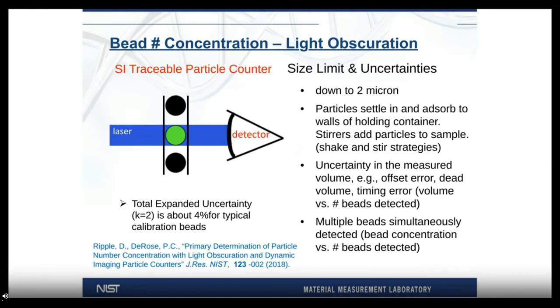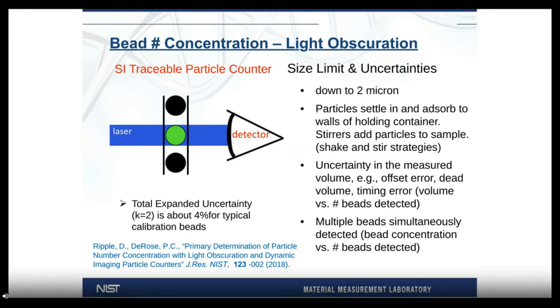We also measure the bead number concentrations. The primary method that we use is light obscuration, at least for micron-sized particles. We decided to use light obscuration because it's a simple technique. You're basically looking at a dip in the laser intensity as a particle passes through the laser.